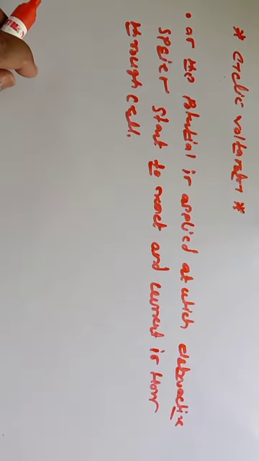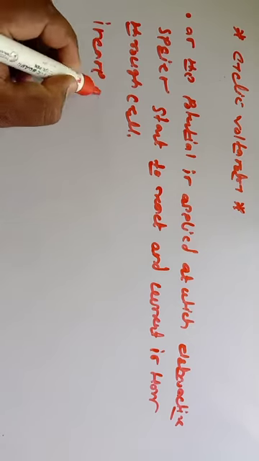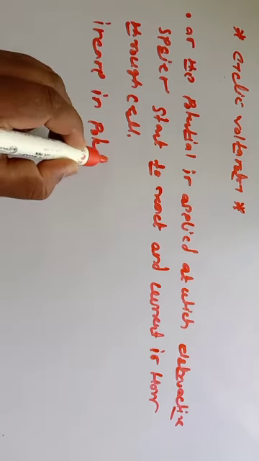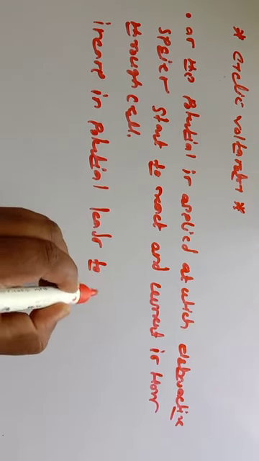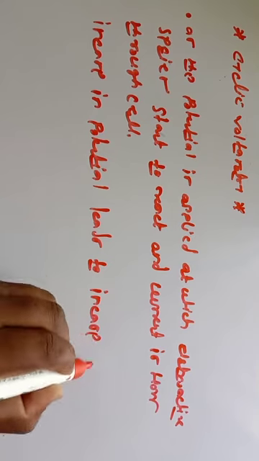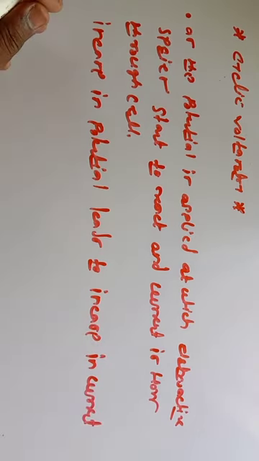As we increase the potential, the current increases. Increase in potential leads to increase in current. Finally, we measure the current generated by the oxidation or reduction of the electroactive species.